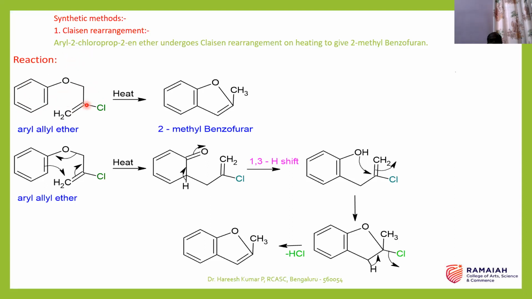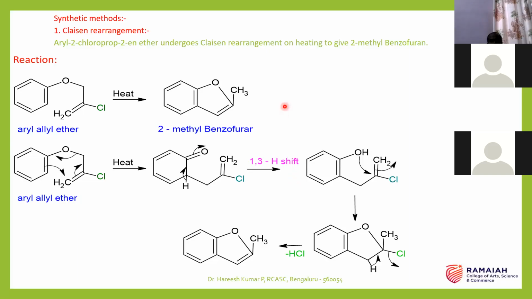It undergoes Claisen rearrangement on heating to give the product. Okay, so what you can observe here: this is what we can call phenyl allyl ether.